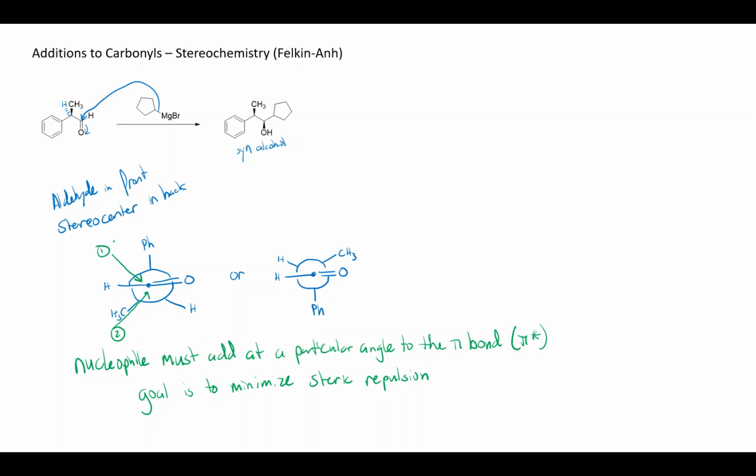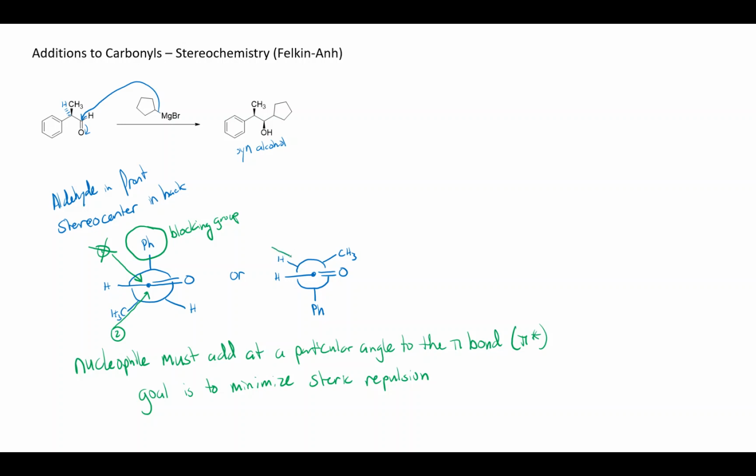Choice one comes past this large benzene ring, and so this is a blocking group. This is a large enough group that no nucleophile is going to come past that. And so option one is out. We can't go past the large group. Option two clearly runs into the methyl group here, but it's a better choice than option one. This is going past a smaller group, the methyl group, and so that can happen.